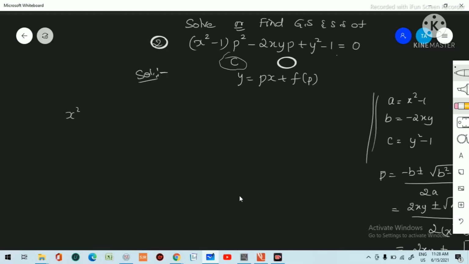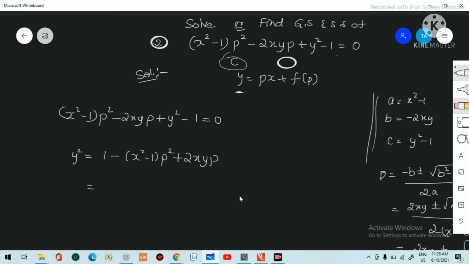First of all, this is not Clairaut's form, so we will write this in terms of Clairaut's form. I am writing the given equation as it is now. Clairaut's equation is in the form of y, so I'll keep y square as it is and shift all the terms to the right hand side. What do we get? Plus 1 minus of x square minus 1 p square plus 2xyp.